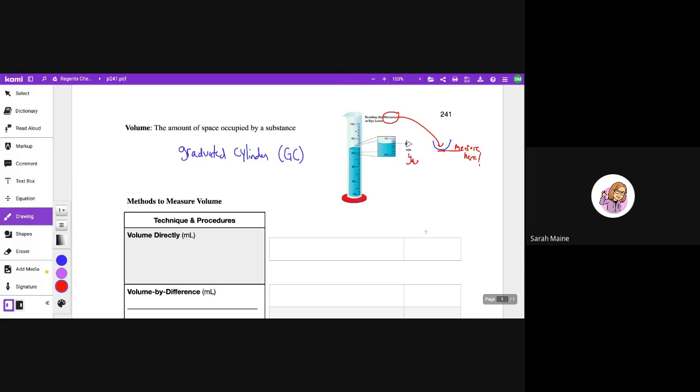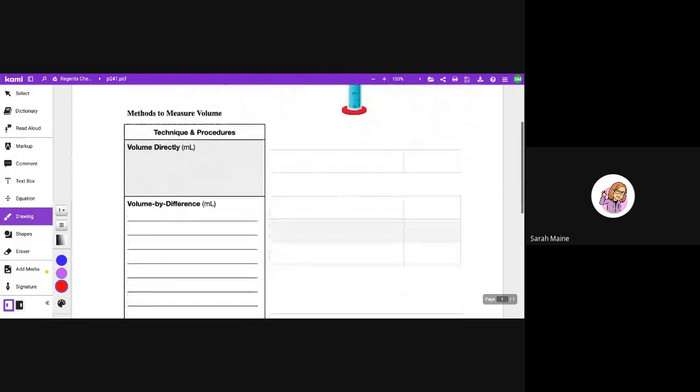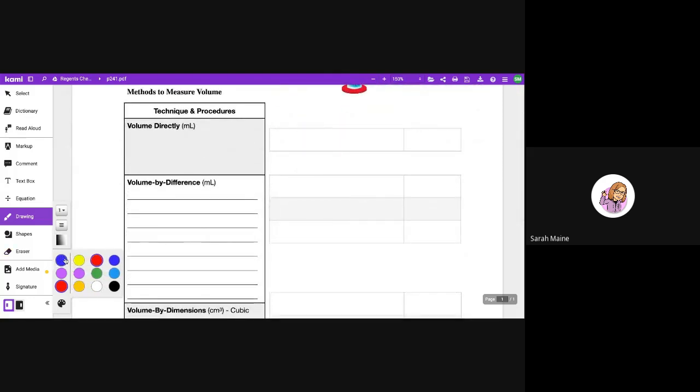So, some different ways that we can come up with the volume of a sample. The first technique is the simplest technique: measure the volume directly.